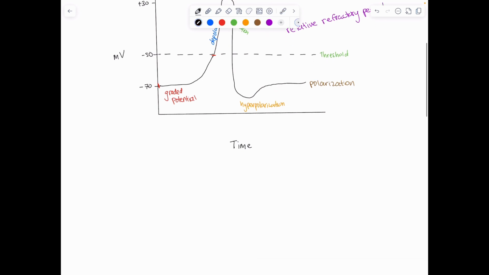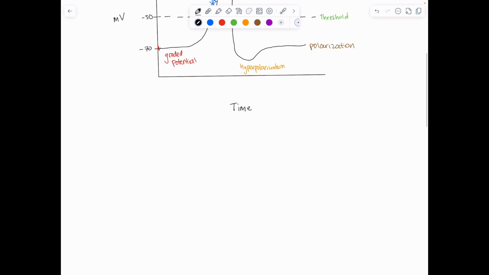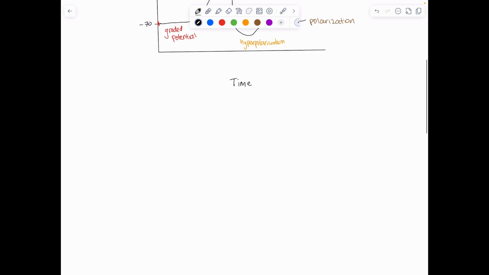Now we'll talk about how these action potentials move along a neuron, because a neuron is very long, and one of these won't allow it to do everything that it needs to. To understand that, we first need to understand what a length constant is. I will begin by drawing a neuron here.